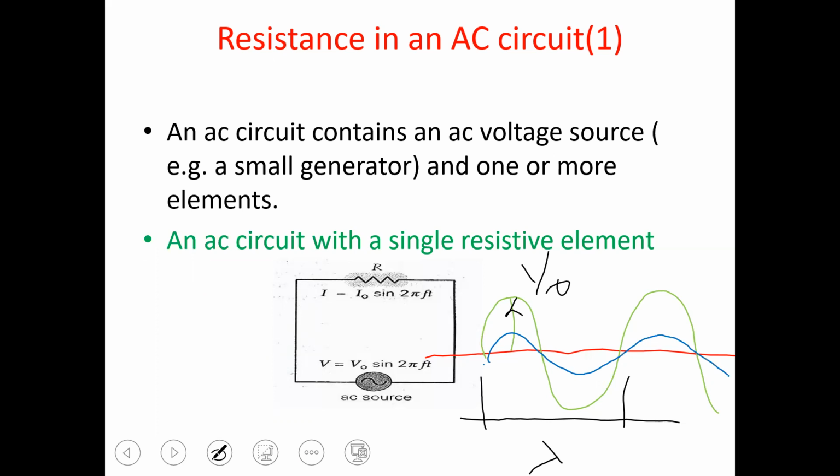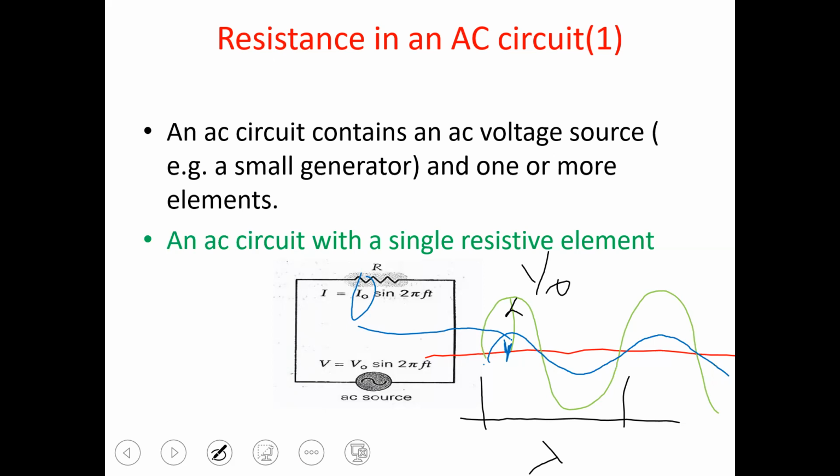So the blue line here is the current, and the height of this blue wave is the amplitude, and that amplitude is the peak current, which is I naught. I naught is the peak current you can have. So when you have a sine wave, one of the things you get to know is what is the amplitude and what is the frequency.